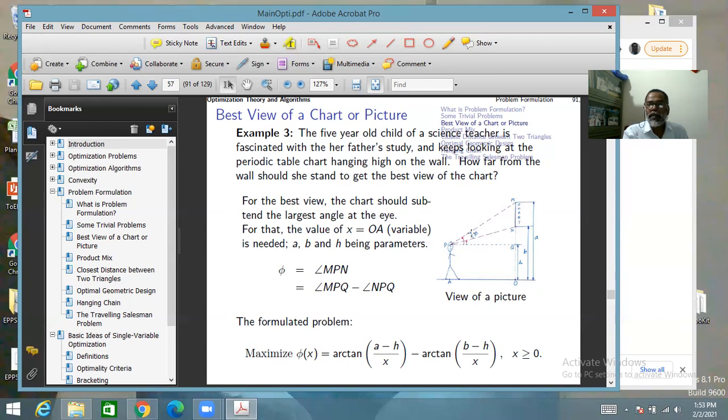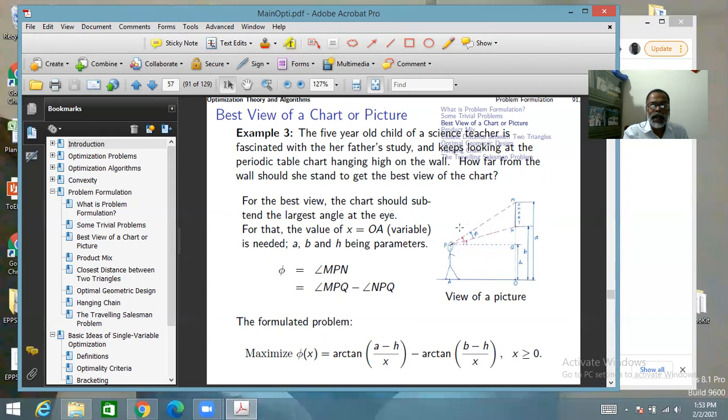And what is the variable for that? The question is how far from the wall should she stand? So this distance OA, this is the only variable x. Okay, so the height of the top edge of the chart, bottom edge of the chart A and B, these are parameters. H, the height of her eyes, that's also a parameter.